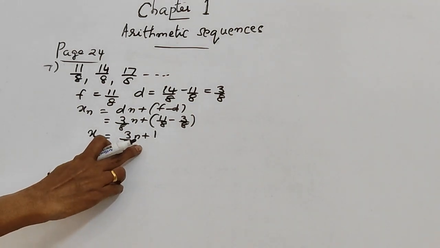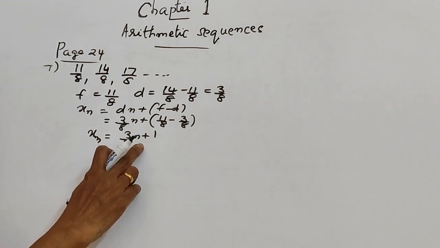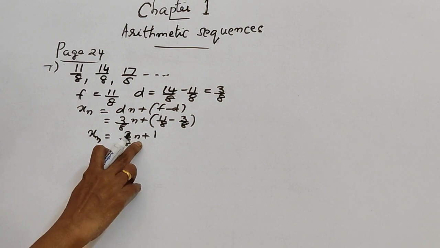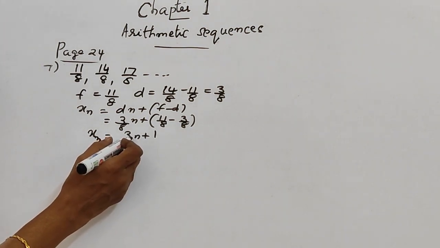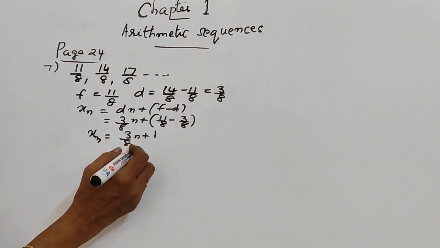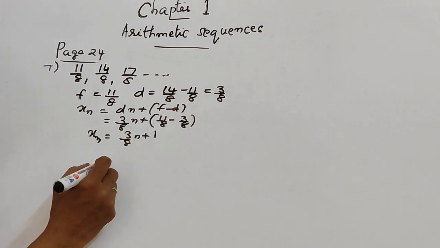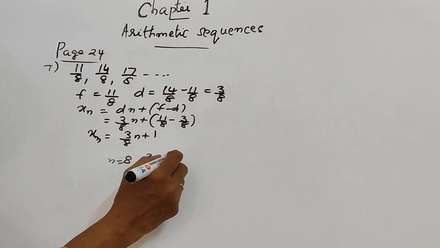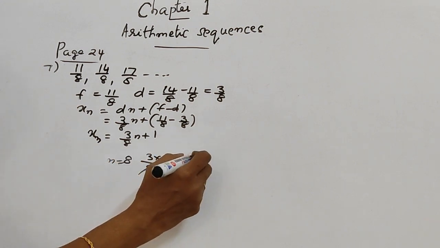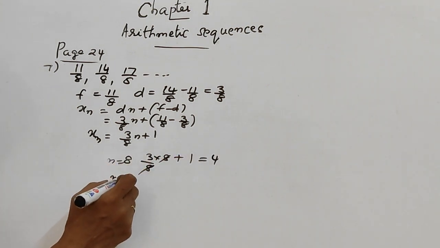If n is a multiple of 8, we can give values and find out the whole numbers. When n is equal to 8, 3 by 8 into 8 plus 1, so 3 plus 1, that is 4.